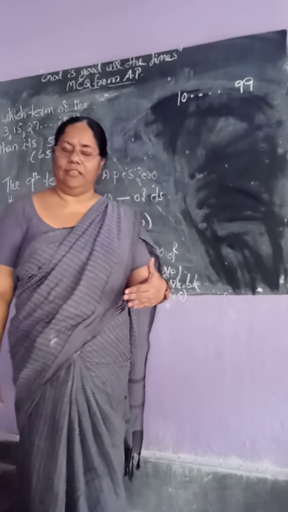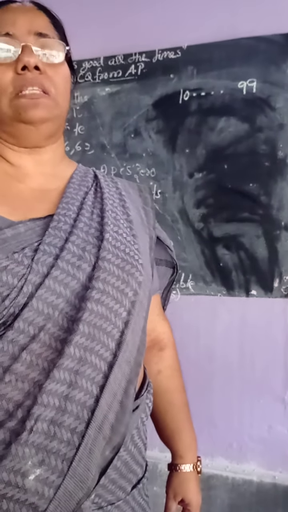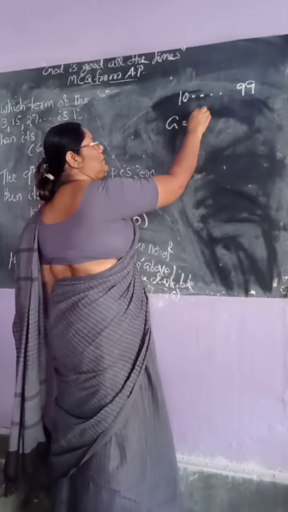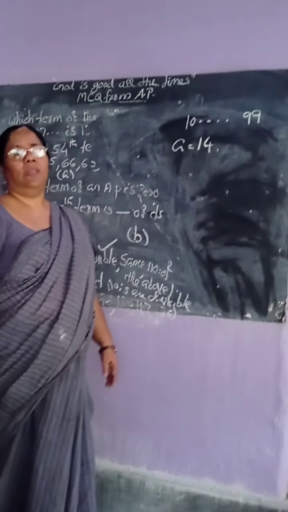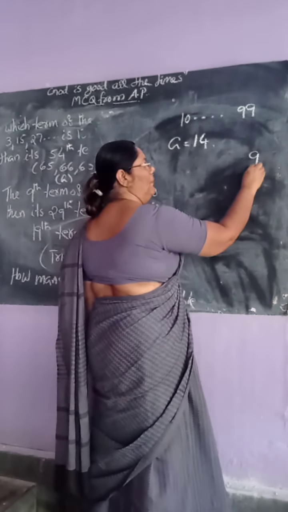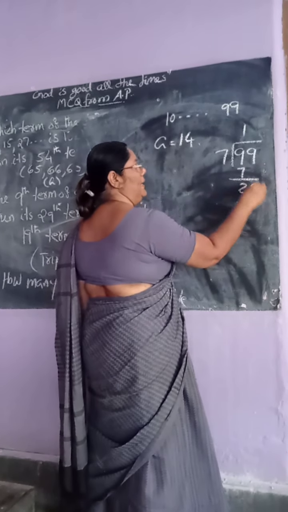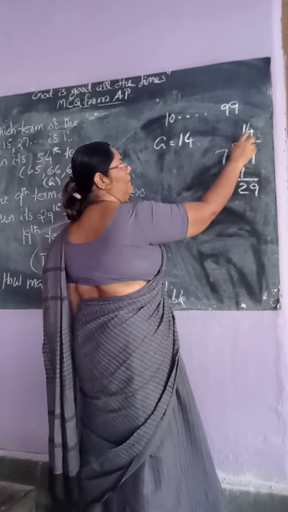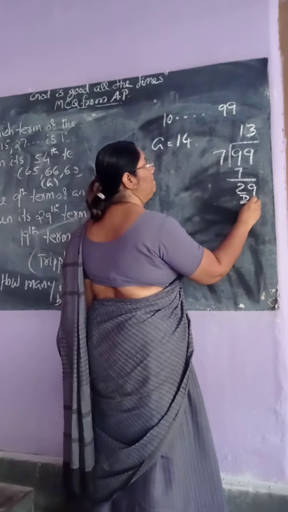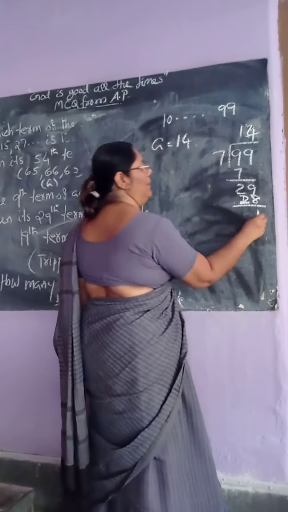Therefore, our aim is to find which is the first number divisible by 7. After 10, 7 ones are 7, 7 twos are 14 is the first number divisible by 7. A equal to 14. Then how can you find the last number? All of you look at the board. 99 divided by 7. 7 fours are 28.